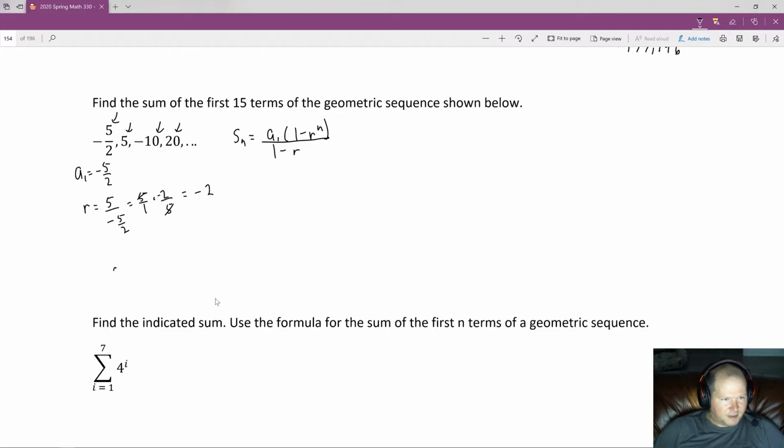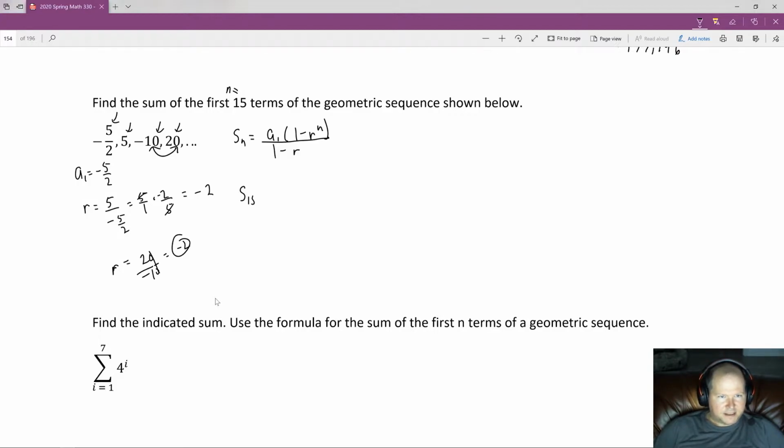For instance, it might be more intuitive to say R is equal to 20 divided by negative 10, which is obviously negative 2. So that might be easier than using a fraction. Okay, so we got our R. We have our first term within the sequence, and we need n. They want the 15th term, so our n is equal to 15.